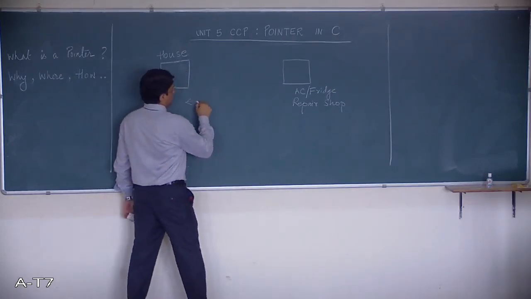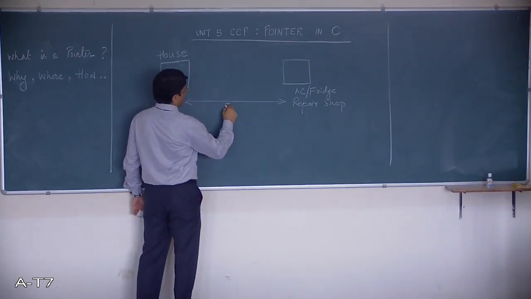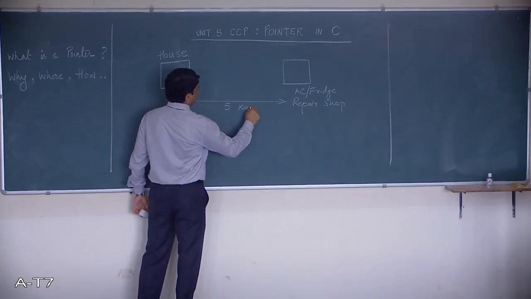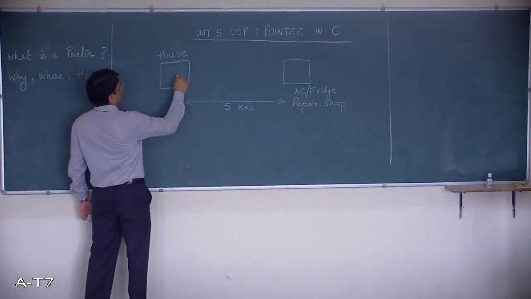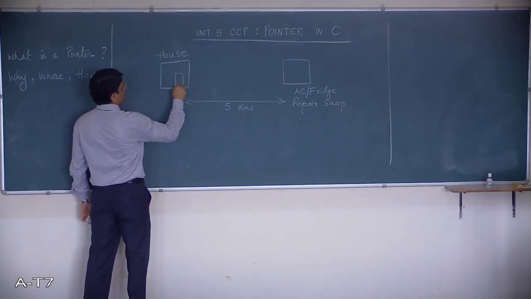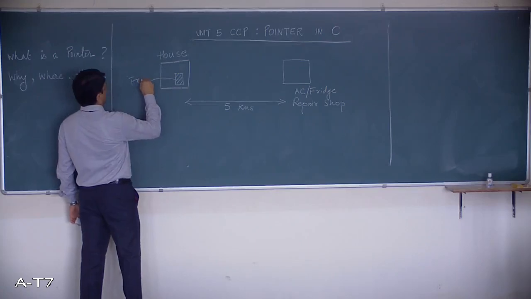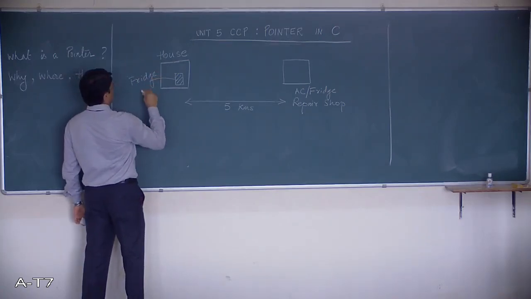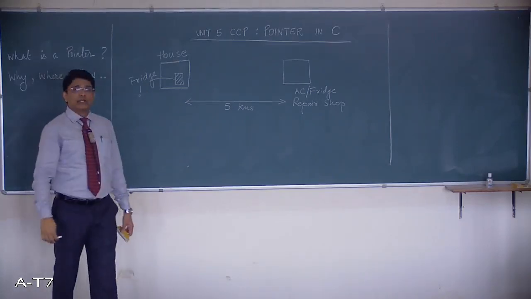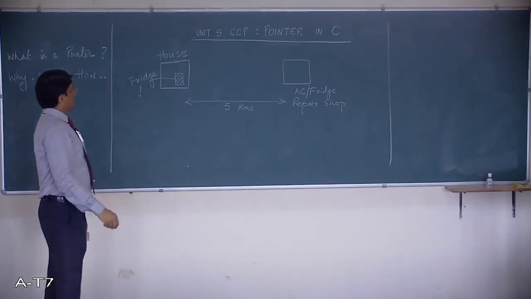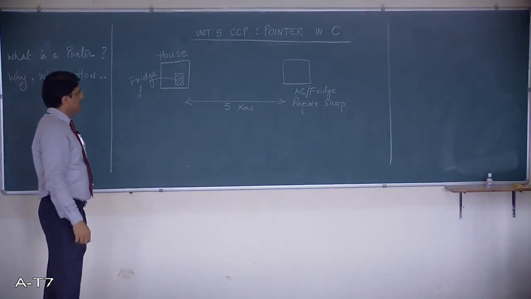And let's assume that it's around 5 kilometers away. You have a fridge in your house which is not in a working condition, and you want this fridge to be repaired.